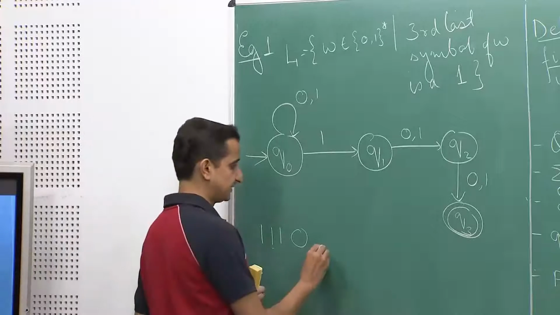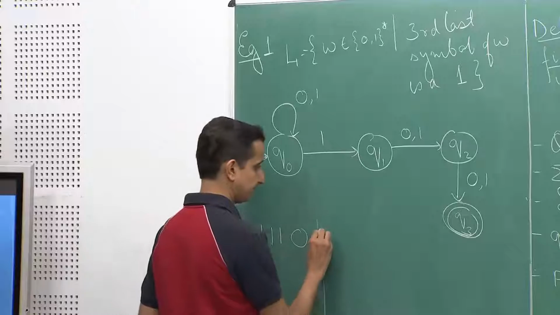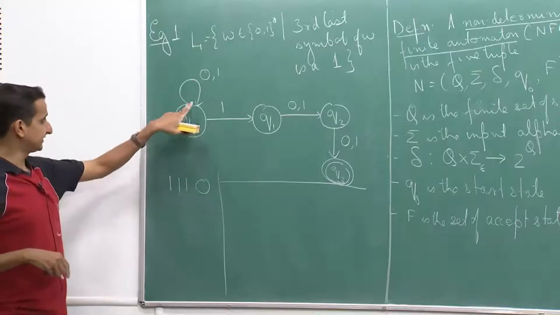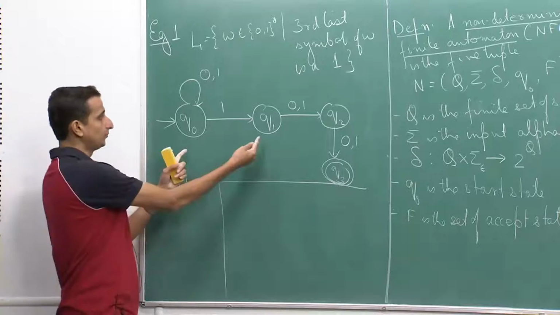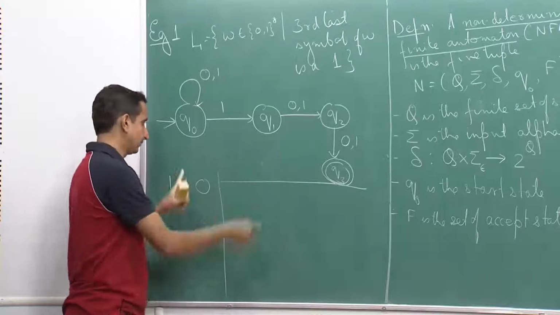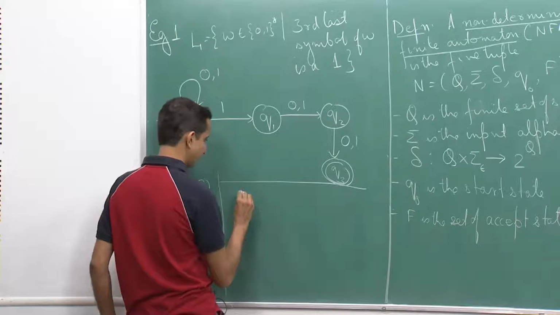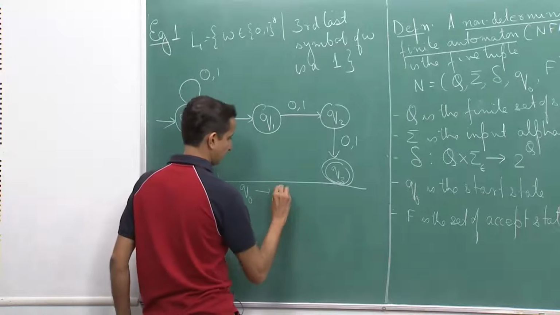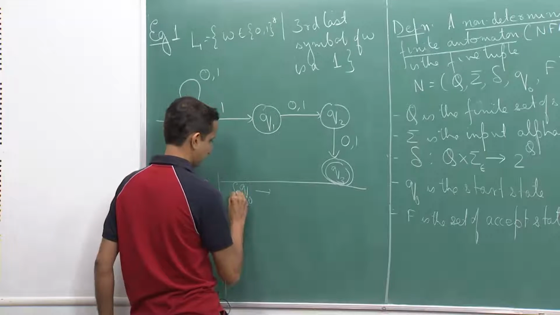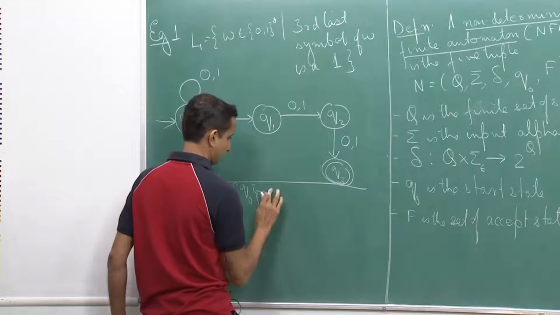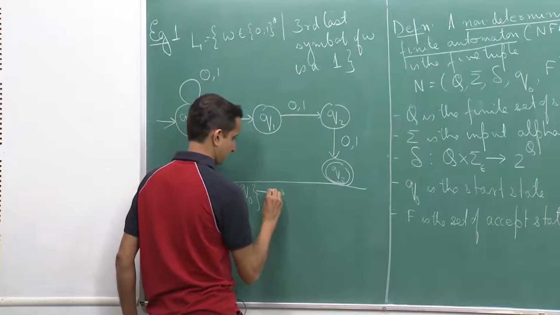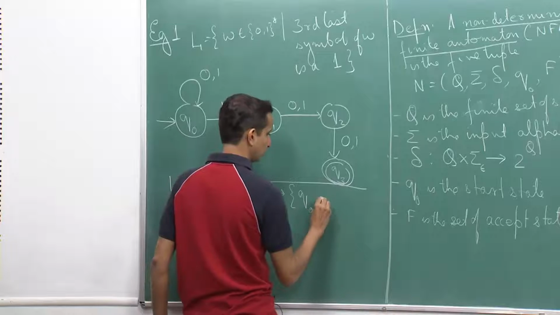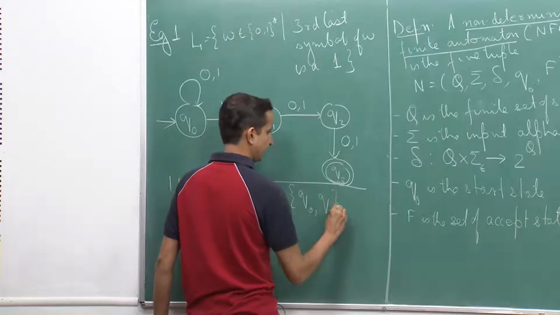So what happens when we see this string? Let us try to create a table as we had done last time. When I see the first 1, I go from Q0 to both these states Q0 and Q1.